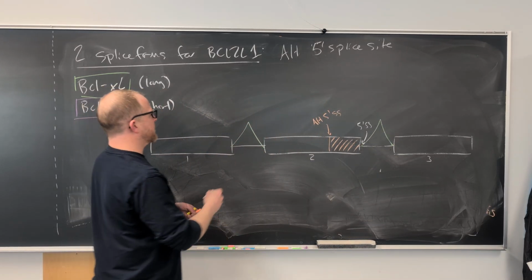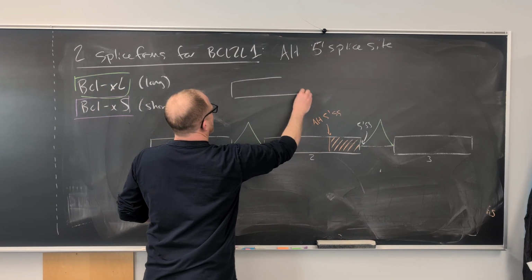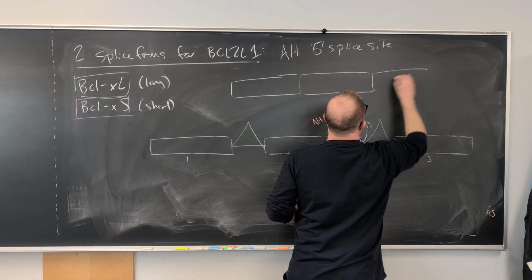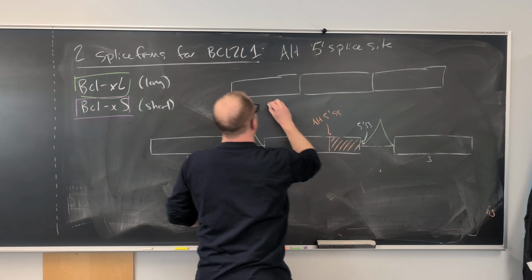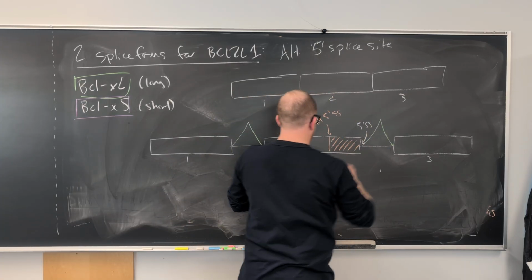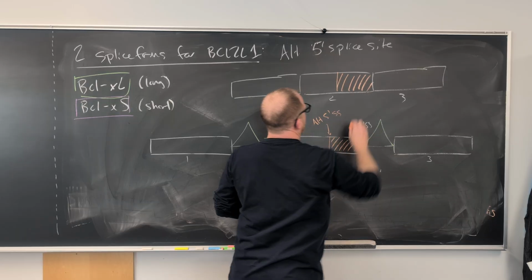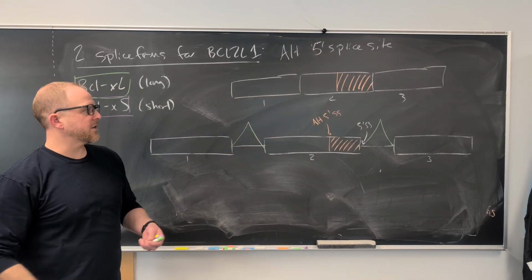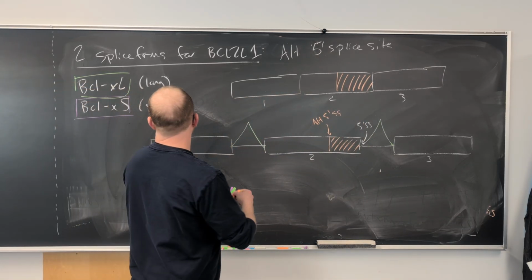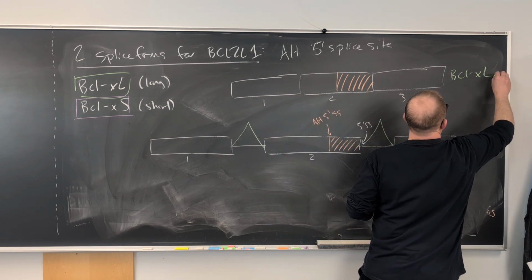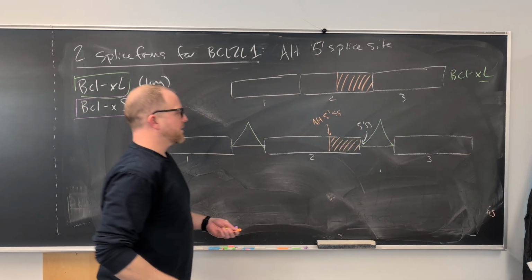This produces this splice form with full exon 1, full exon 2, and full exon 3. Okay, and this includes that bit there in exon 2. This is why this is called the long isoform. So this is BCLXL, L for long.